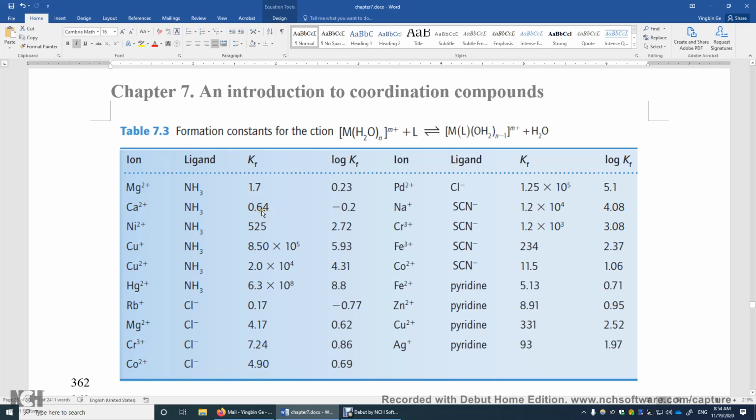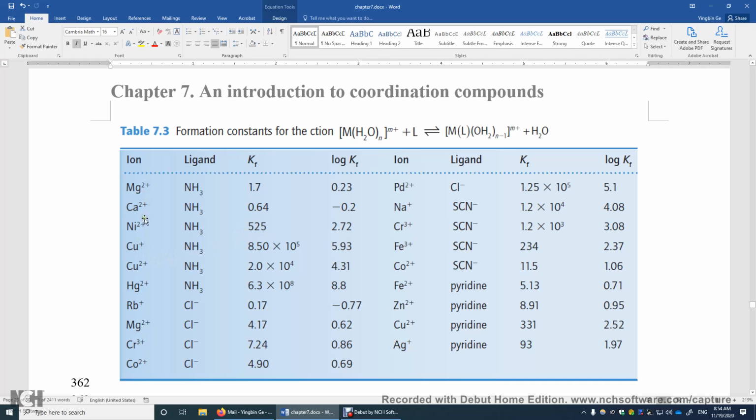And this formation constant is less than 1. That means magnesium 2+ prefers to be bonded to water than to be bonded to ammonia. And then you have nickel, in this case, 525. That means nickel 2+ prefers to be bonded to ammonia than to water by a factor of roughly 500.